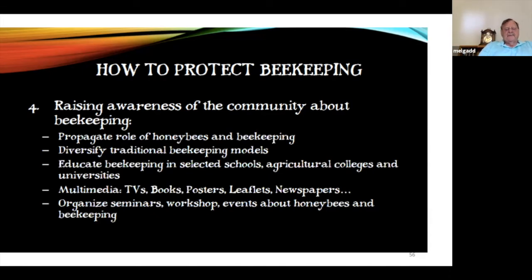Hobbyist beekeepers have increased over the last 10 years because people are starting to understand how important they are. Some people are saying that during the pandemic, they even increased more. Hopefully it's not like all the people who adopted dogs during the pandemic who are now returning them, but we'll see.